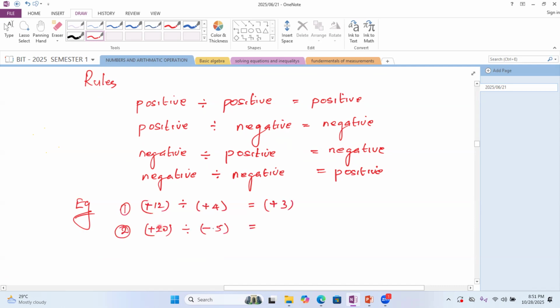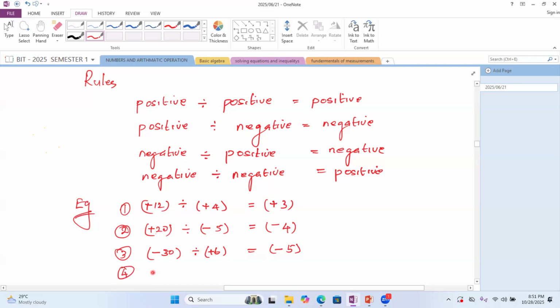That is positive and negative, that is negative. 20 divided by 5 is 4. Then third one, negative and positive. For example, minus 30 divided by plus 6. Negative, positive, opposite sign. Therefore, we get the result negative, 30 divided by 6 is 5.